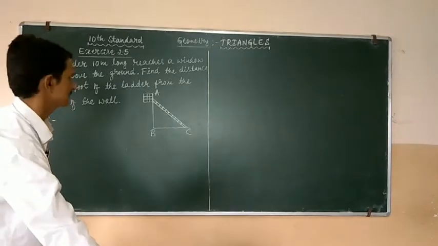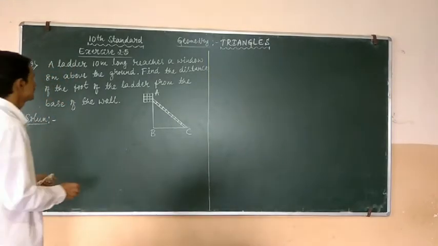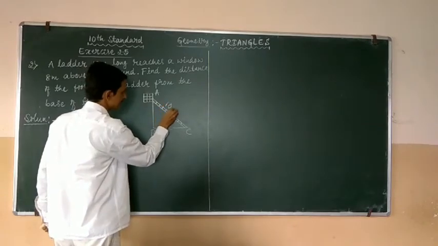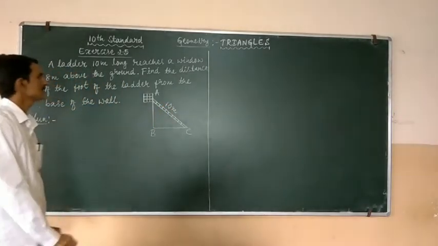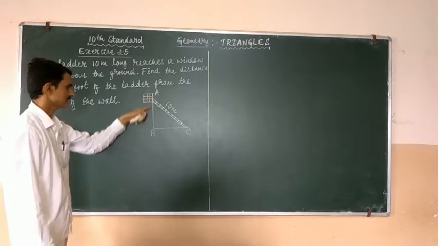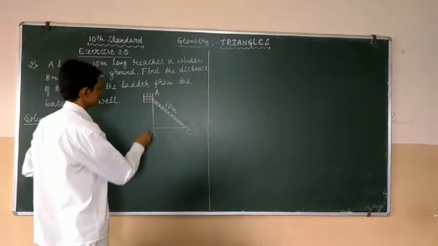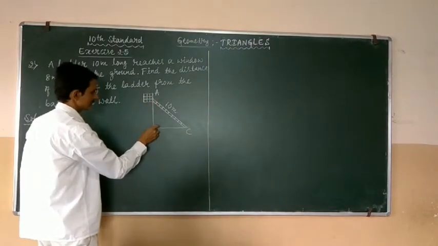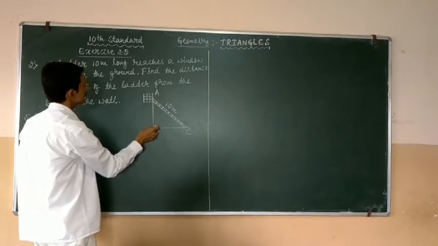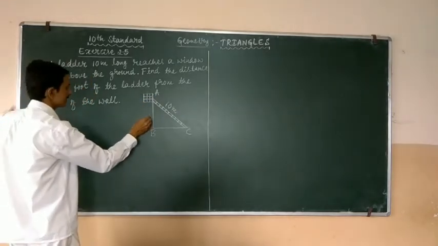The length of the ladder is 10 meter. The height of the window from the ground is 8 meter.